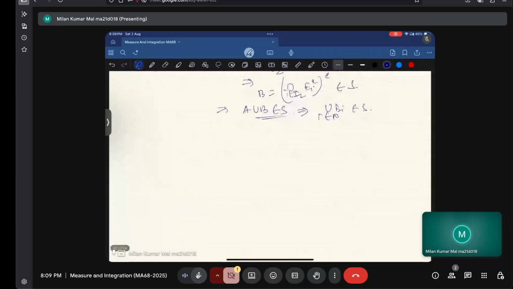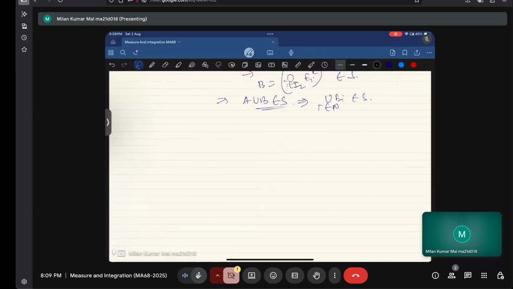So the complete measure definition says that if mu of E is equal to 0 for some E belonging to S, then for any F subset of E, F is in S, that is what I have to do.